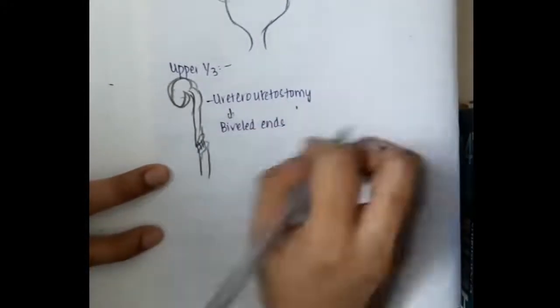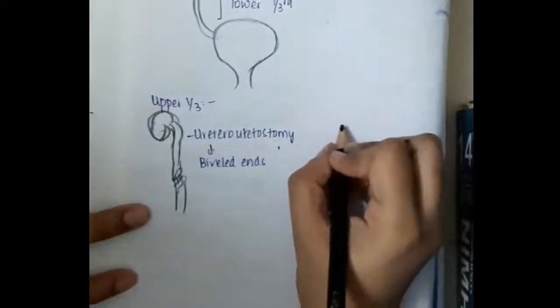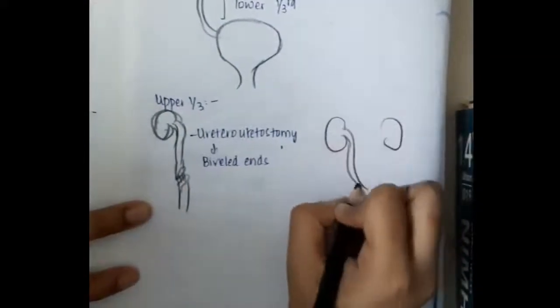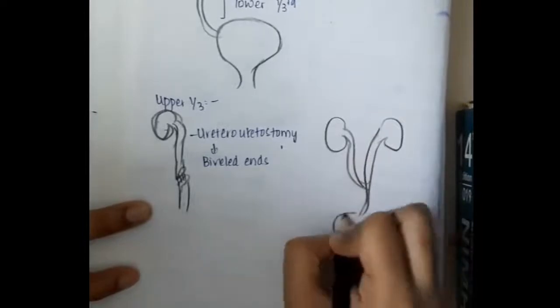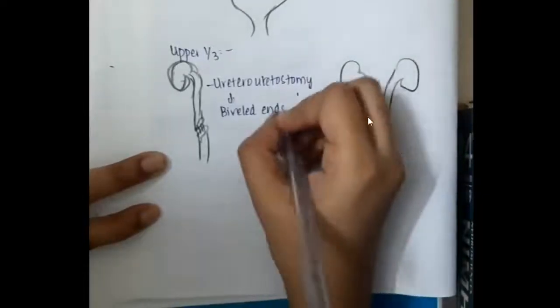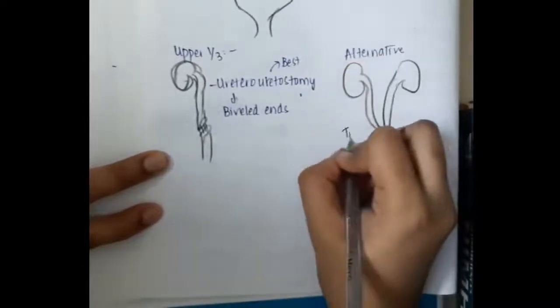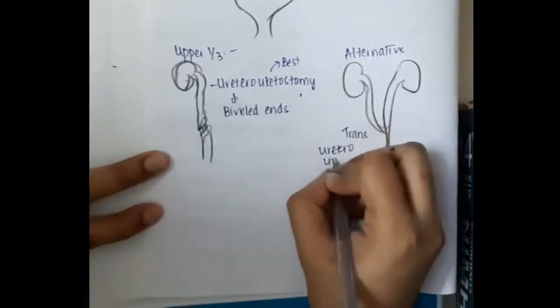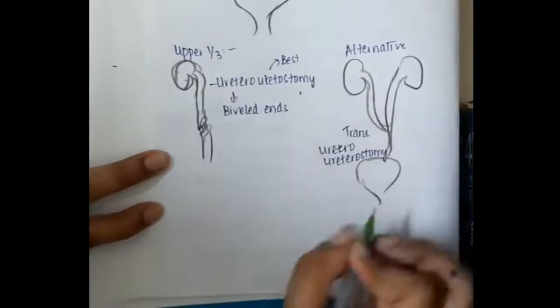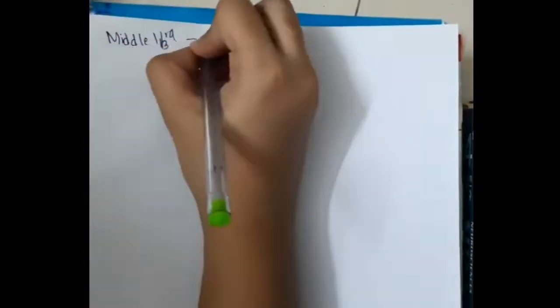Then we have one more alternative treatment where you will anastomose this ureter to the opposite ureter, thus forming a transureteroureterostomy. Next we have the injury in the middle one third.